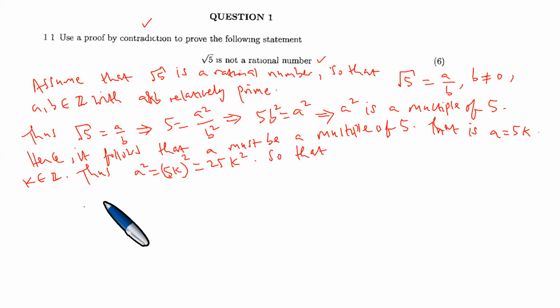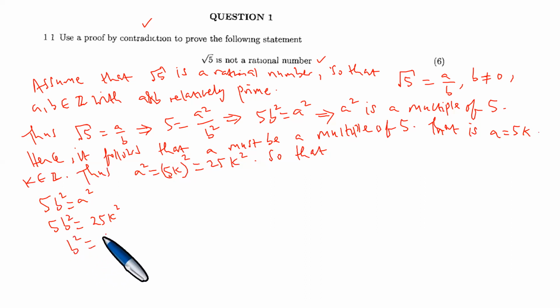So now we take the equation 5b squared equals a squared. We have 5b squared and a squared is 25k squared. We divide through by 5, which means it is 5k squared.